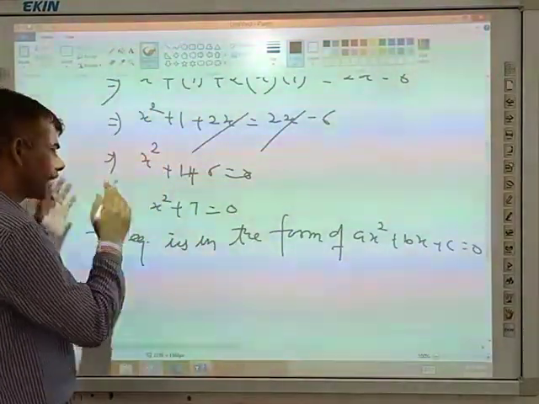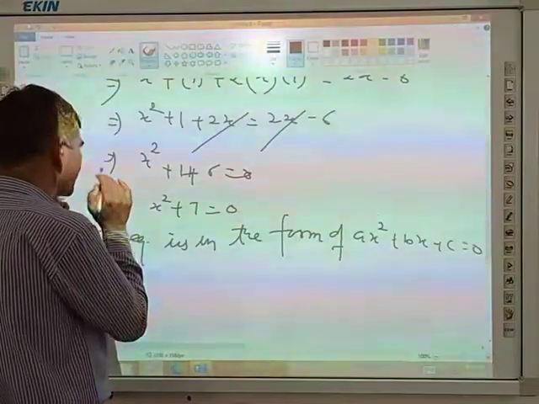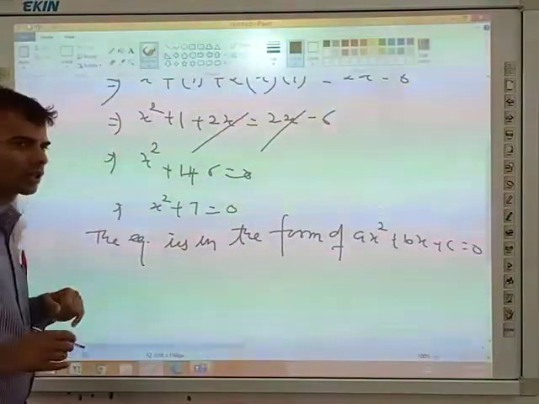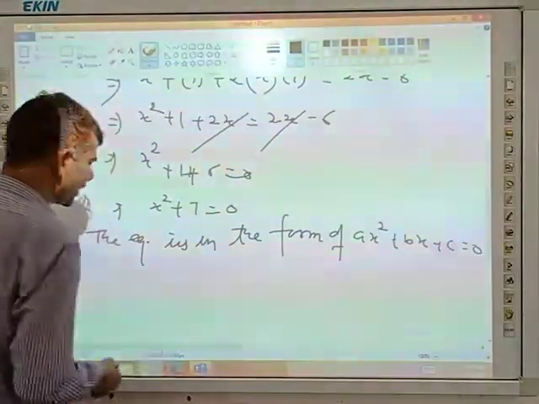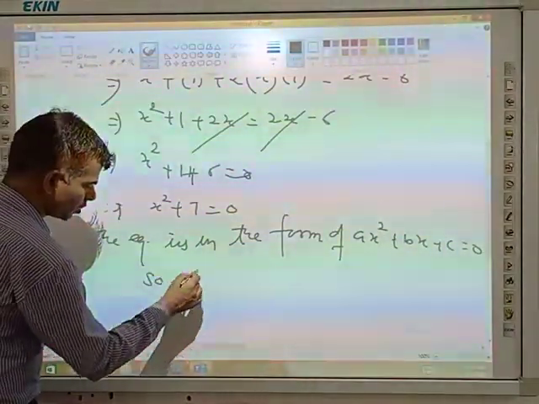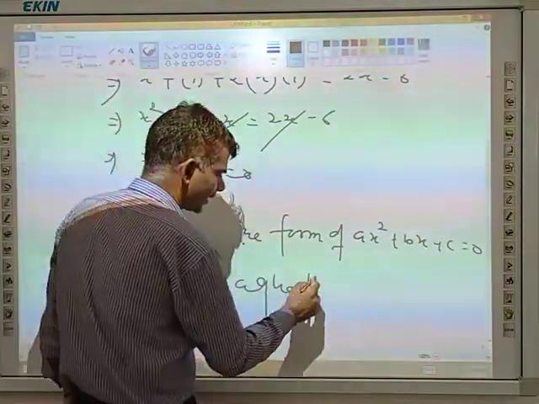Because here the variable is x and the power of x is 2. So it is a quadratic equation.